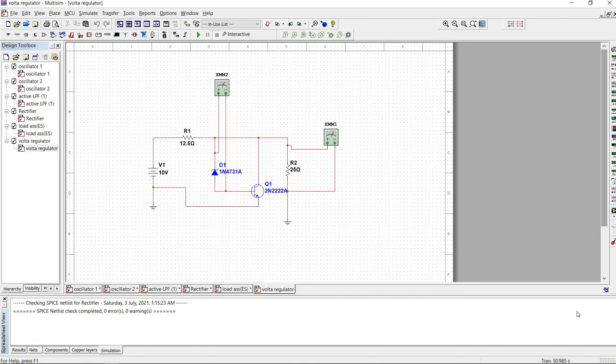For my circuit, the Zener diode controls the transistor of my shunt voltage regulator.